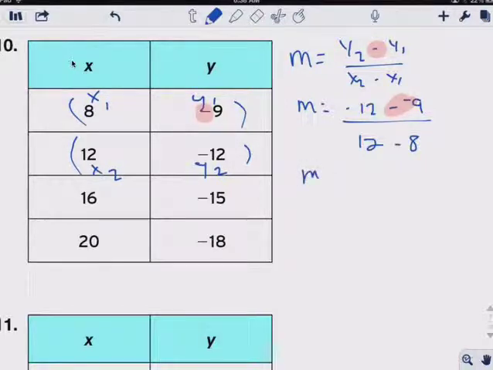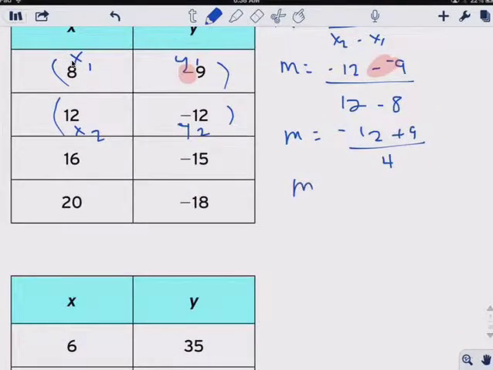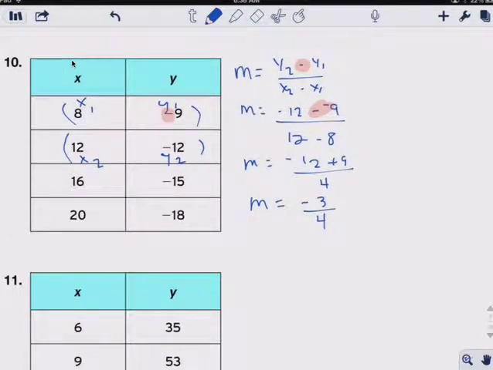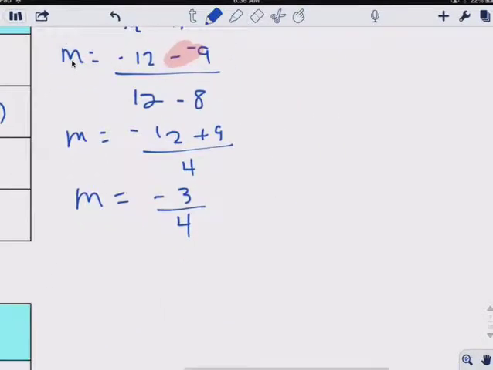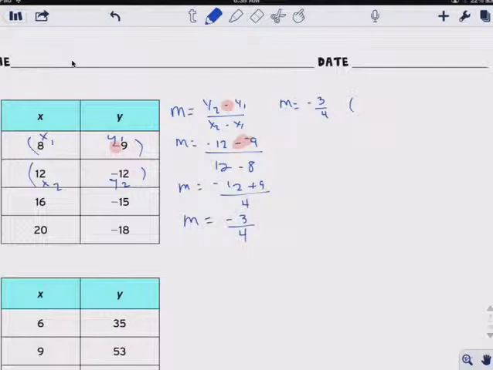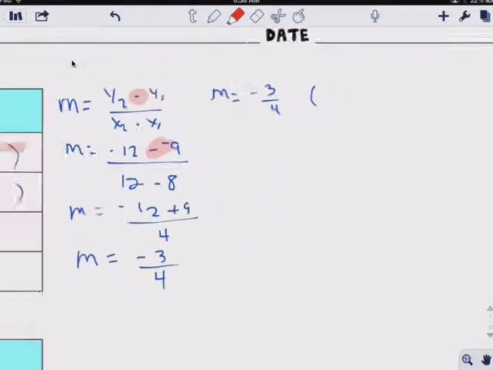That gives us negative 12 plus 9 over the 4 there. m equals negative 3 over 4, which is slope. So I'm going to choose 12, or 8. Let's choose 8, negative 9. Okay, so if my slope is negative 3 over 4, and I'm going to choose the first one here, 8 and negative 9.